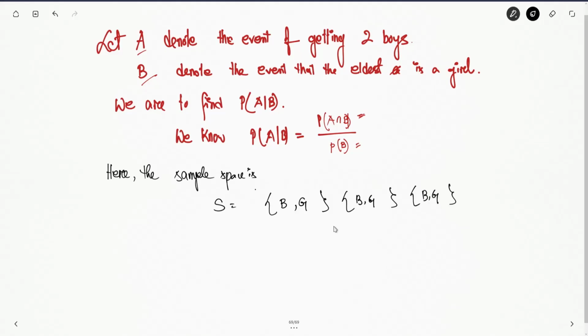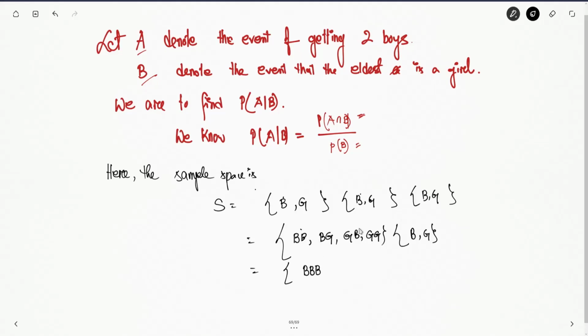Now if you multiply this, you will get the ultimate sample space.